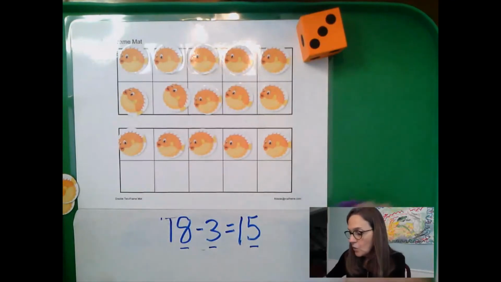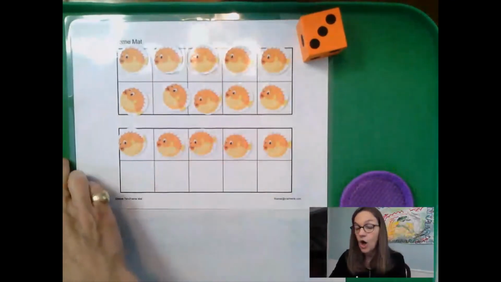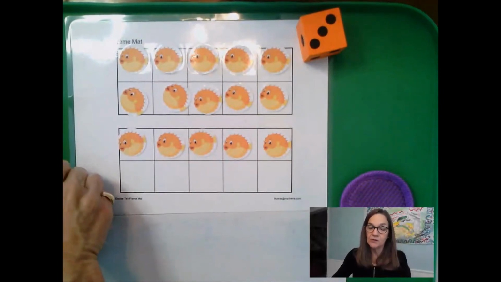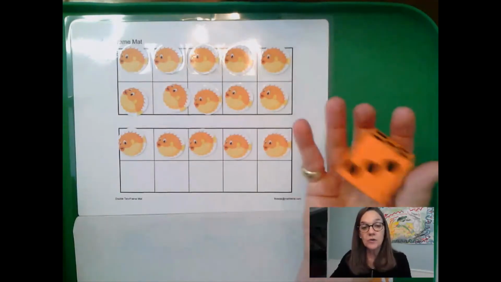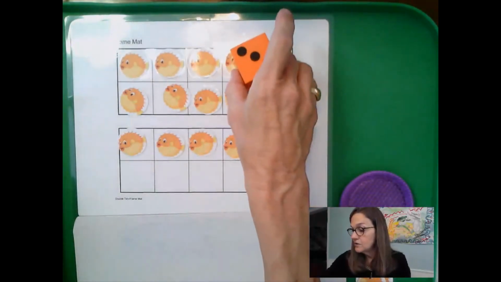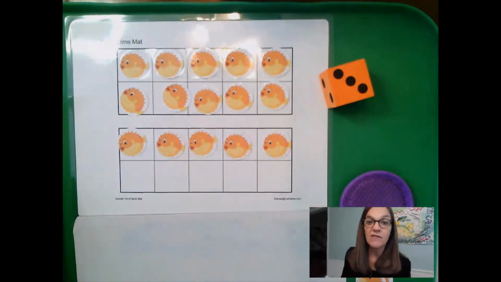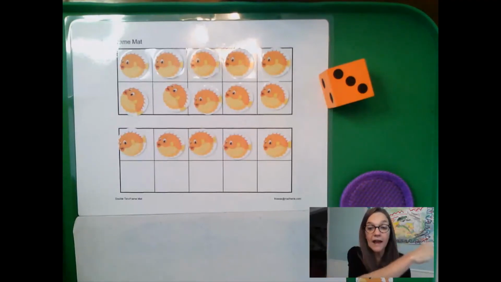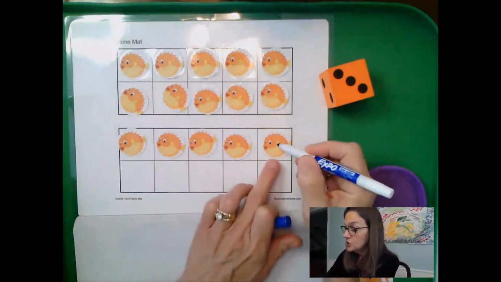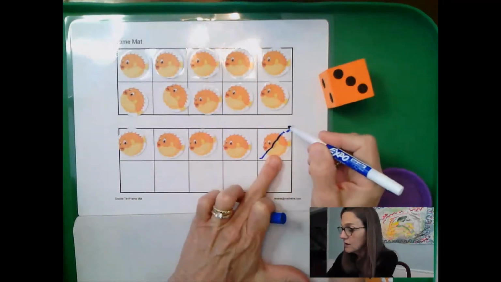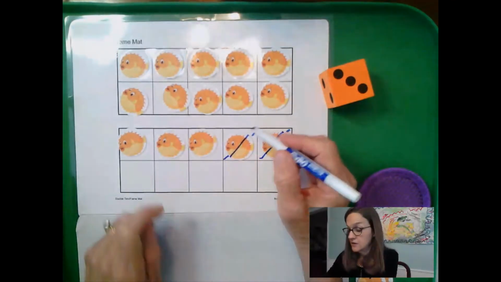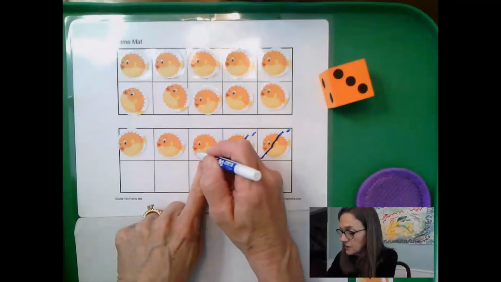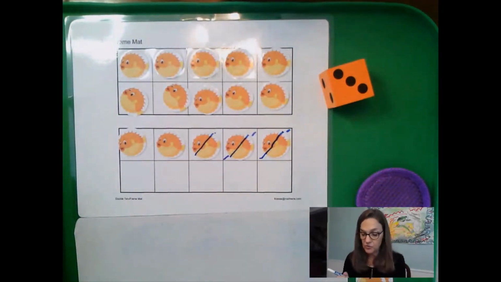Okay, now on your worksheets, they're going to have these objects already filled in for you on the paper, so you won't be able to pick any of them up and take them away. But what you're going to do is you're going to do what they tell you, and if they tell you you have 15 puffer fish and 3 of them swam away, then what you can do is you can just cross them off. 1, 2, 3. 3 of them swam away.